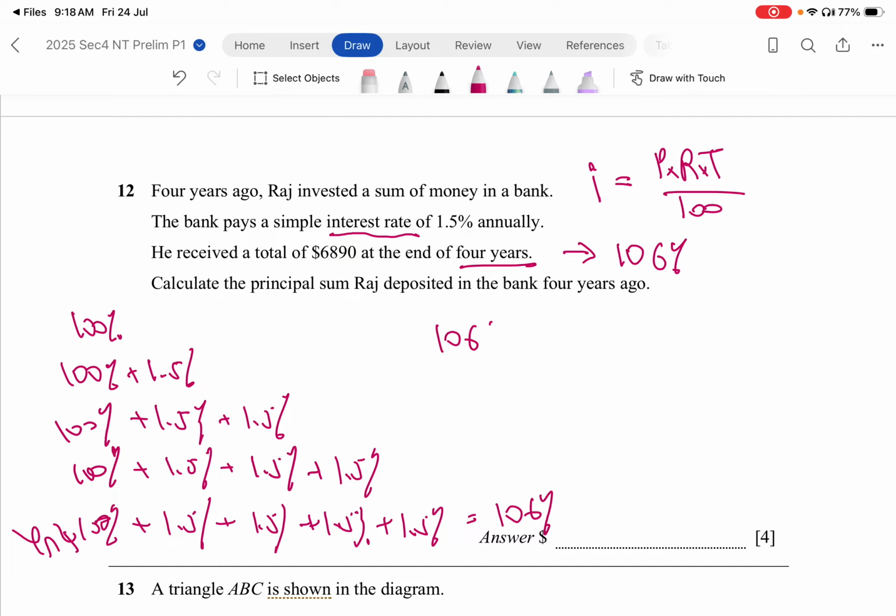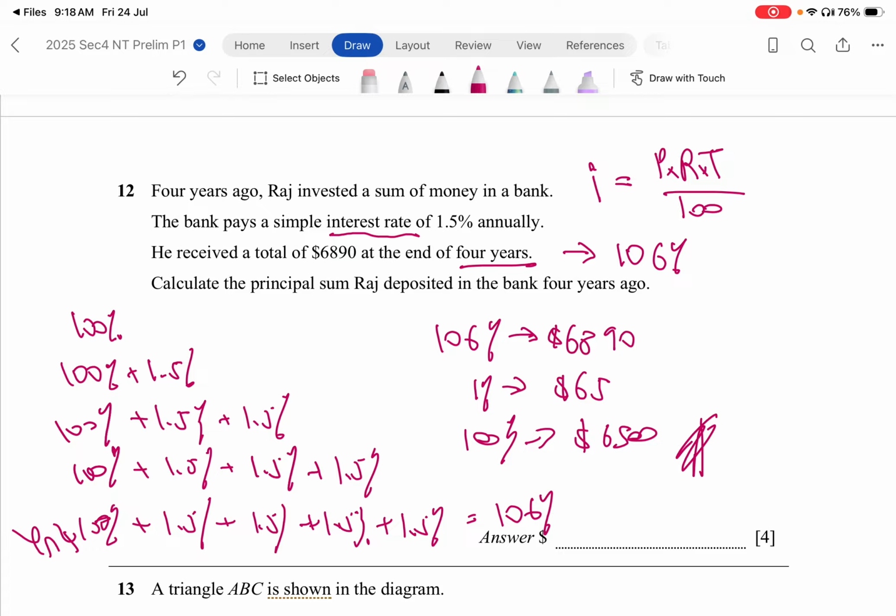Which means 106% is $6890. 1% will be $65, or 100% is 6500. Okay, for this part, this is how I do it. This one is quite interesting because it tests you on the understanding of simple interest, not so much the formula. You can use the formula, but it will be very complicated later on.